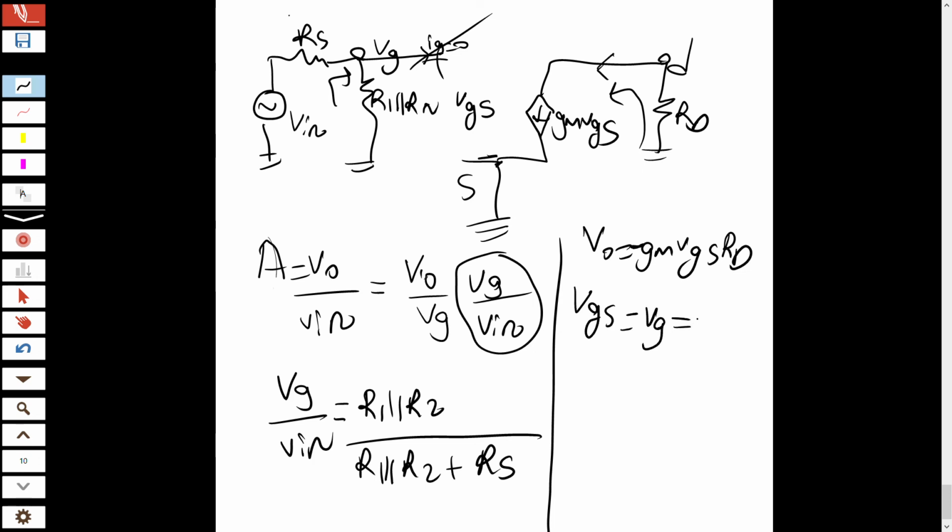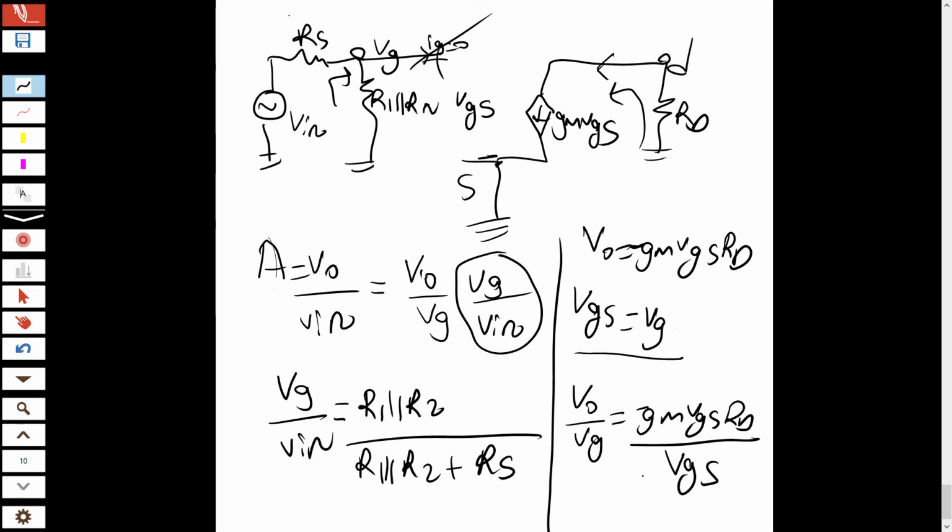So V output over V gate equals minus GM VGS times RD over VGS, because V gate equals VGS and VGS cancels.